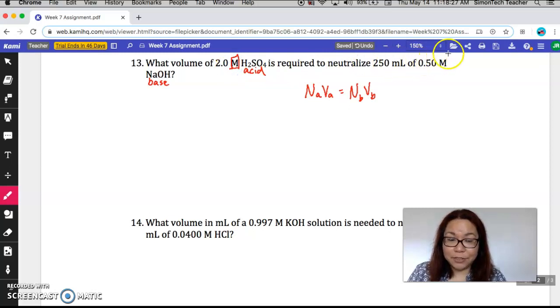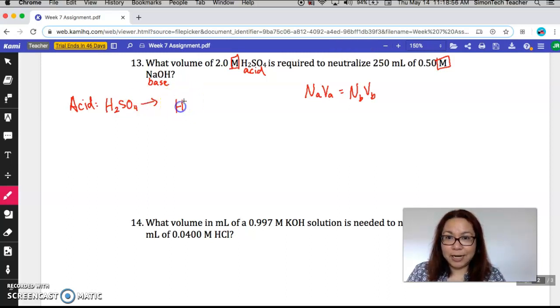All right, so we also have the molarity here, okay? And remember, we're going to have to use the normality. We are still going to be using the molarity here to figure out the normality. So what we are going to do is figure out how many moles of ions there are for each one. So for the first one, the acid, we know that the acid is the sulfuric acid, H2SO4. That one will dissociate into the hydrogen ions and also the sulfate ions.